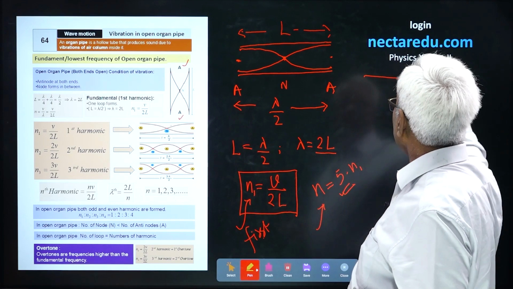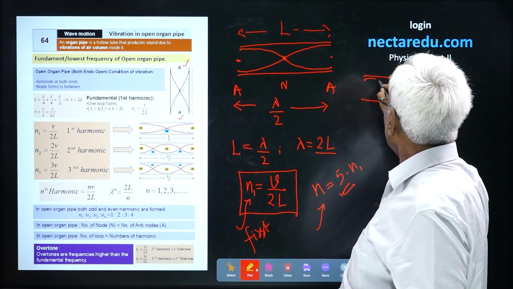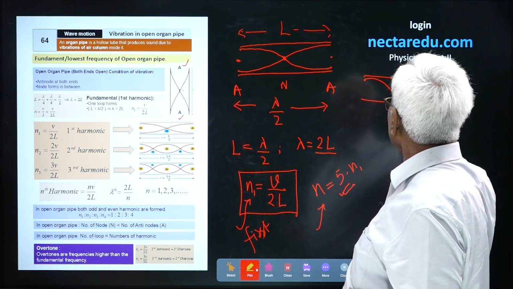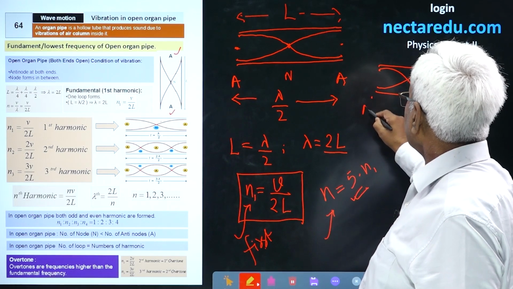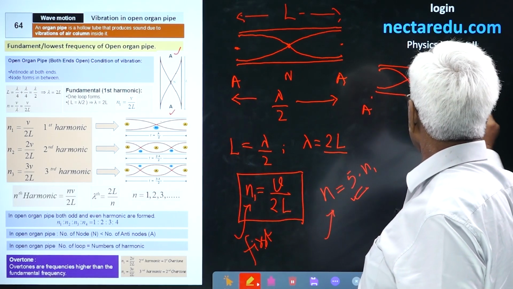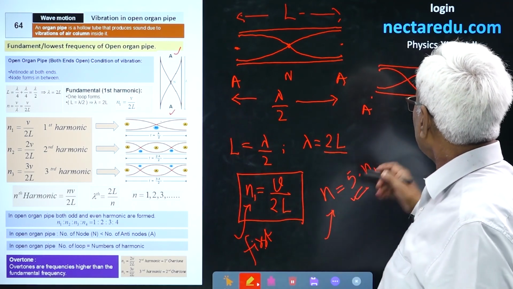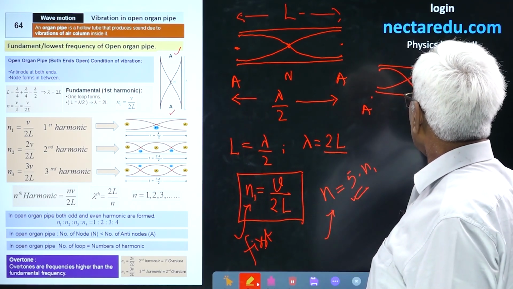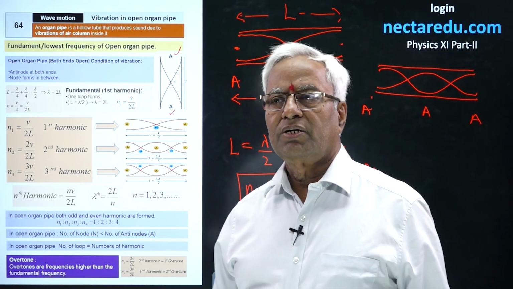The lowest case that we considered here is this one. Now, you just consider one step higher. That means you are going to consider one more antinode. In that case, this is going to be the case. You see one antinode at the free end. Then if you increase one more antinode, obviously node and antinode will always increase together.